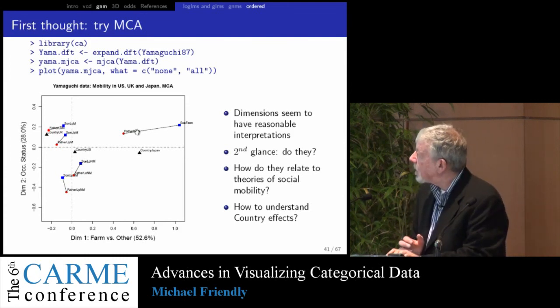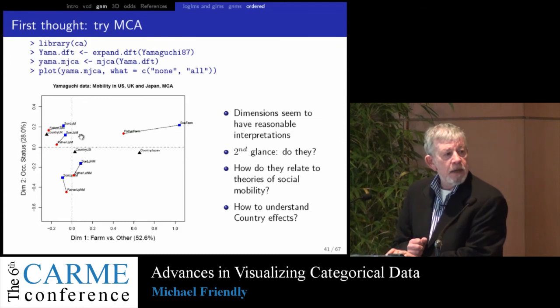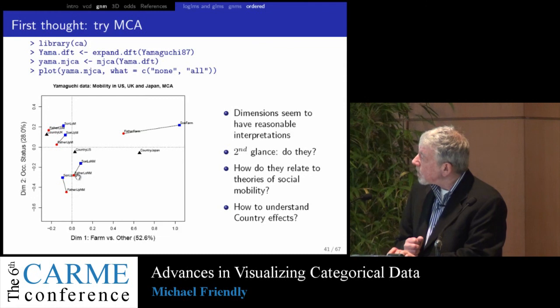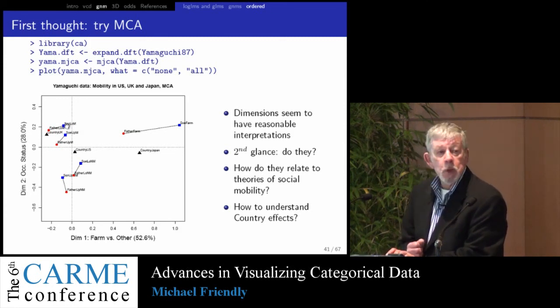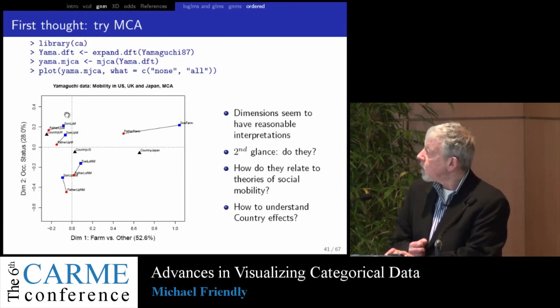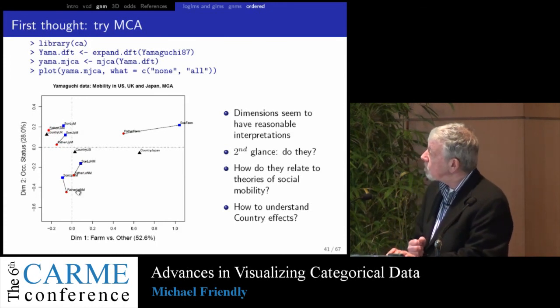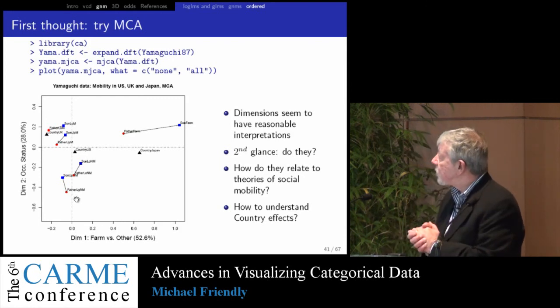It seems to me that the first dimension, 52%, is interpretable as a distinction between farm people and everybody else, whereas on the second dimension, there seems to be an ordering from father upper non-manual down to sons lower manual according to occupational status. And in every case, the blue point for the son is higher than the red point for the father.